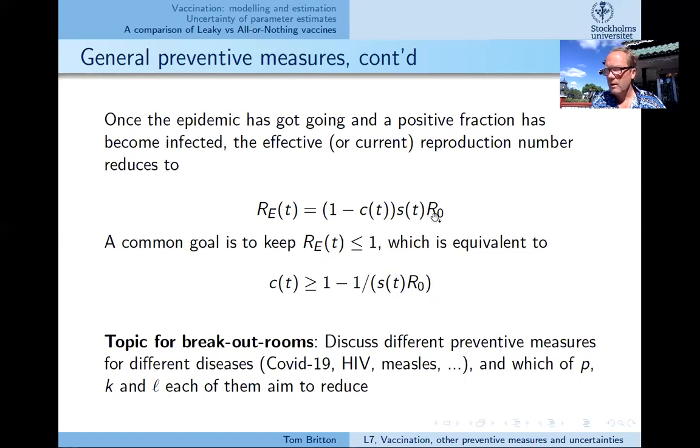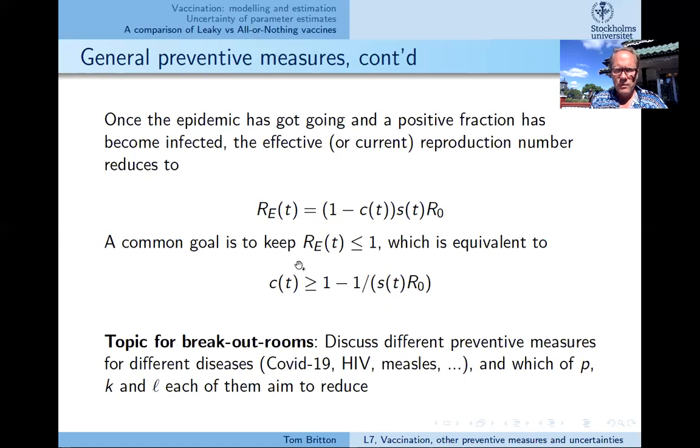Typically in the beginning of the outbreak, the more outgoing people get infected. So later on in the epidemic, this quantity also reduces with time. And of course, the common goal is to keep this value below 1, because whenever it is below 1, the epidemic will decline, whereas if it is above 1, it will rise.